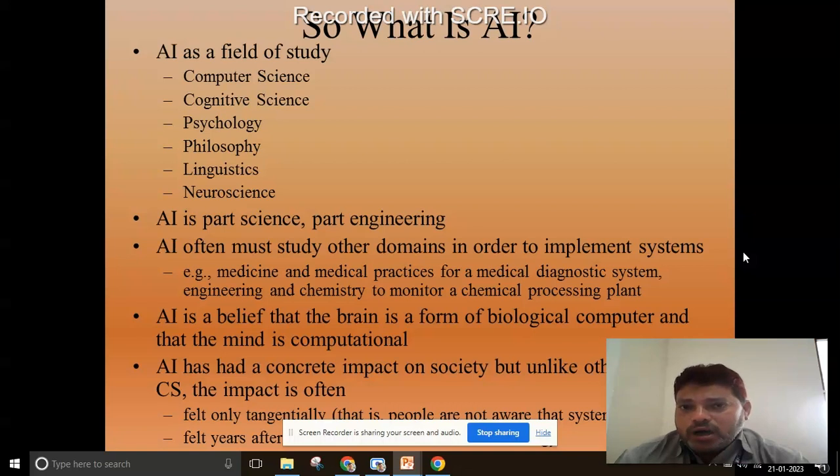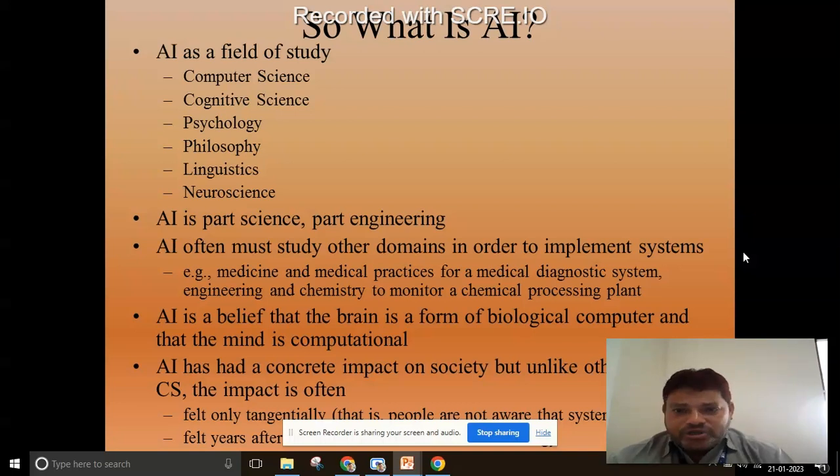Then we need to learn cognitive science, which deals with how thinking of machines can be developed. Psychology is also needed, and the philosophical point of view is also important, because there are many unethical things which should not be dealt with in AI machines.